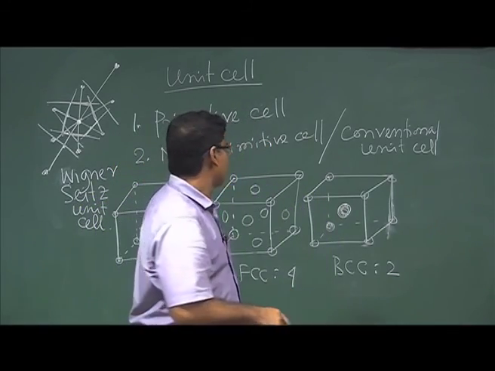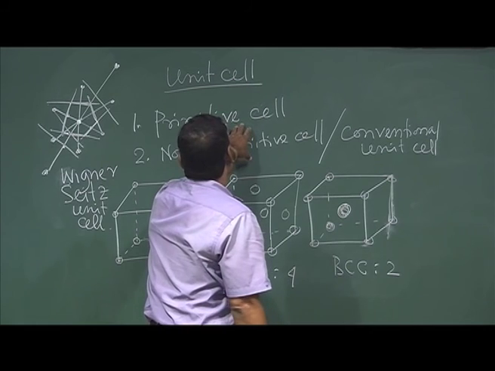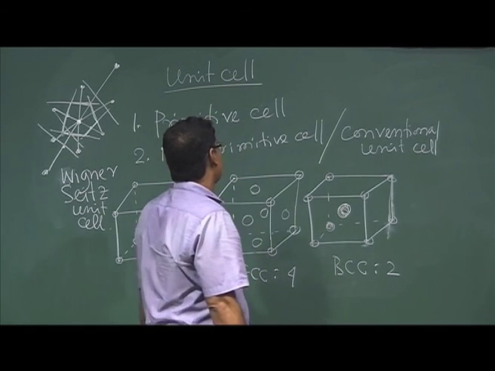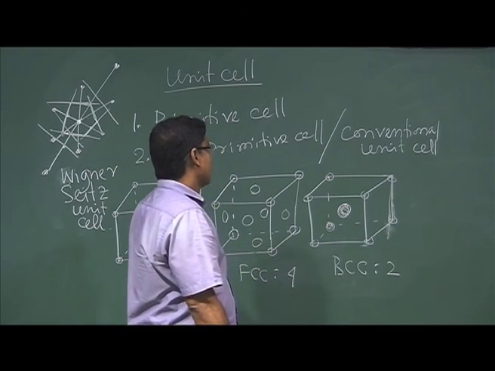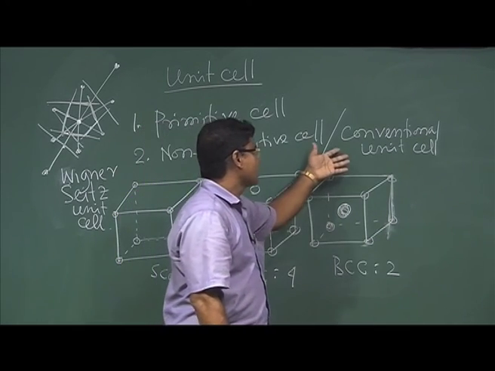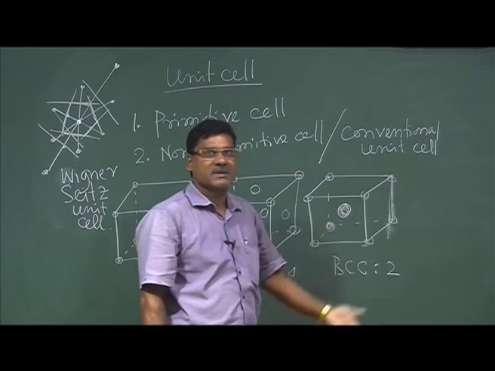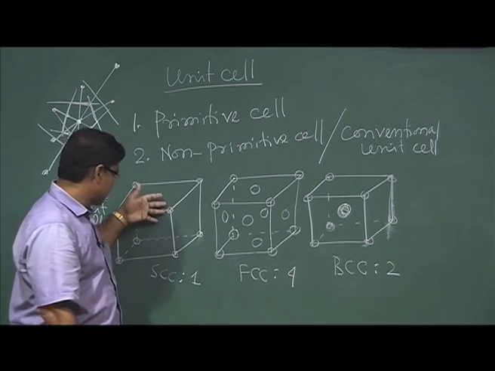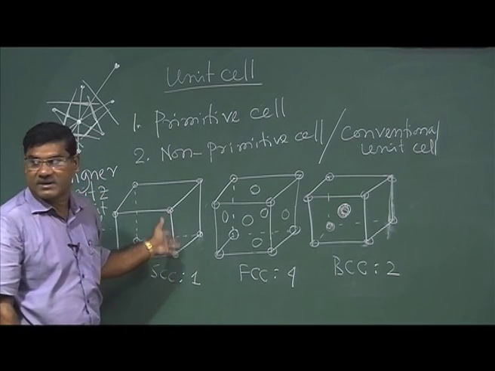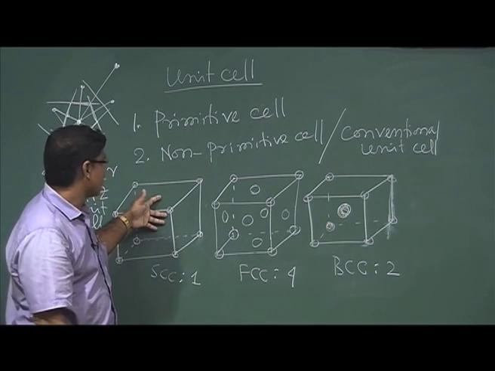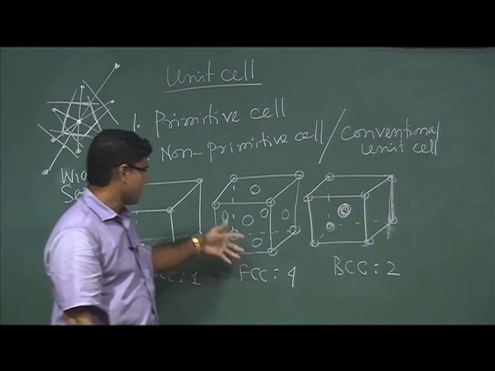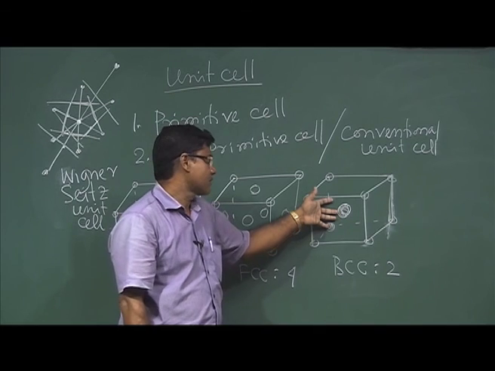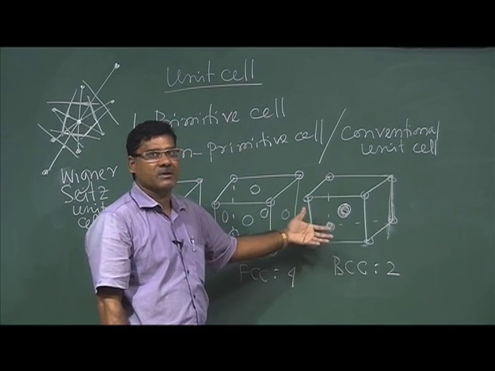So this was about the unit cell, whether primitive or non-primitive. The non-primitive type is called the conventional unit cell, which is used because of symmetry. In the case of the cube, the simple cube is a primitive cell, whereas FCC and BCC are conventional unit cells, but these are preferable because of symmetry.